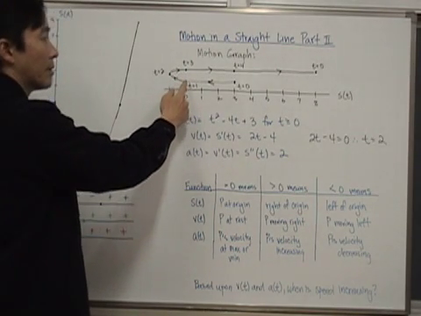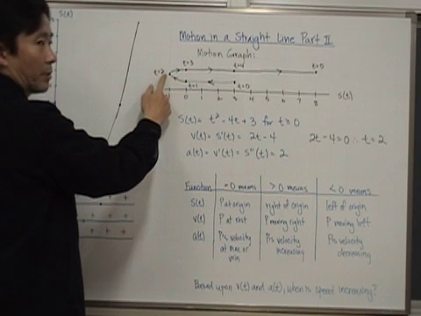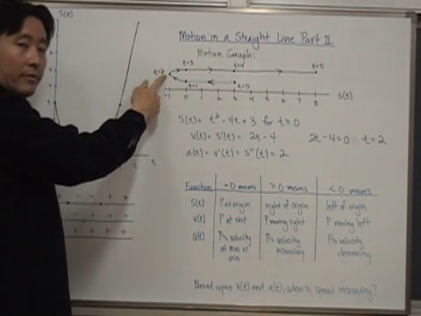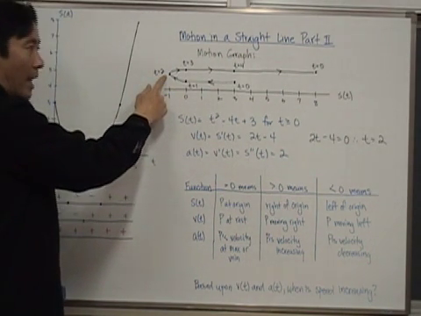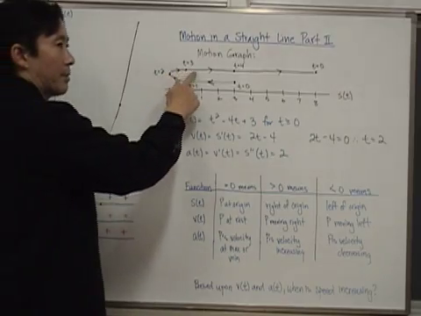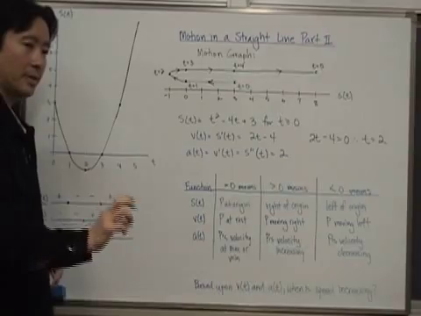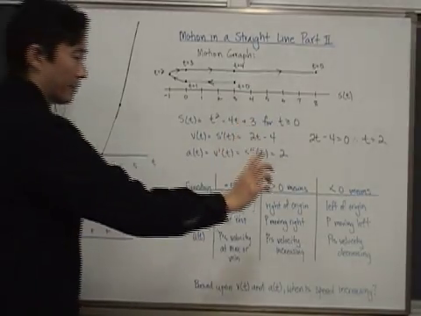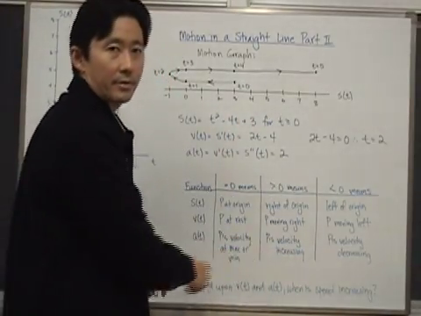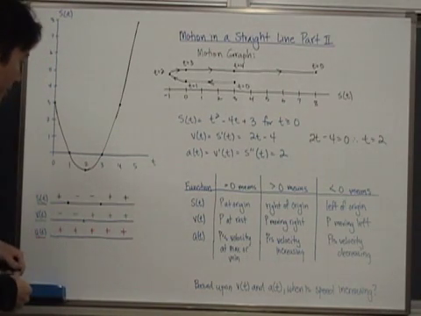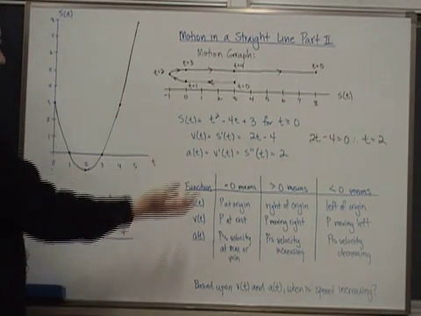In other words, it's going to get smaller and smaller. It's going to get to this point over here where the particle is at rest and the velocity is equal to 0. And then after that, it's going to push the particle faster and faster to the right, because the acceleration is positive, meaning that it's making the velocity increase in a positive direction. Okay? So that's how everything is working together.